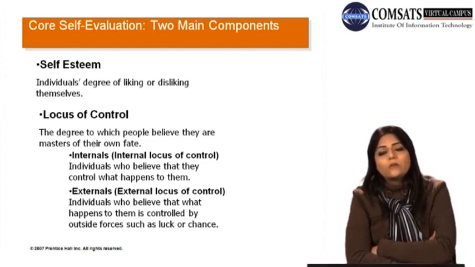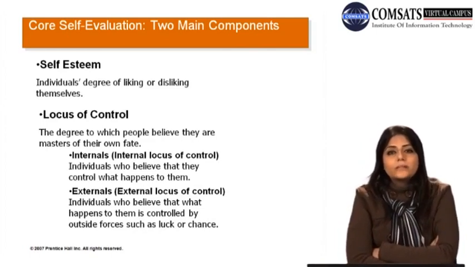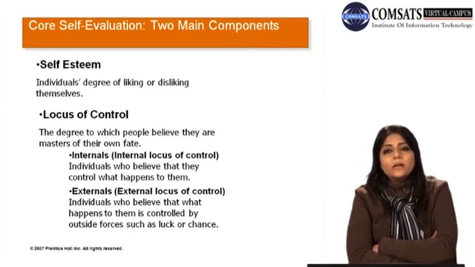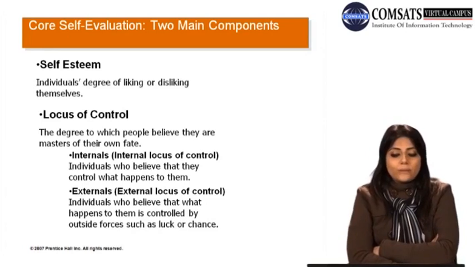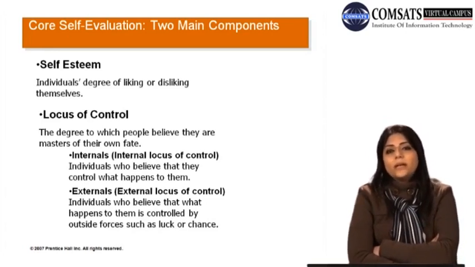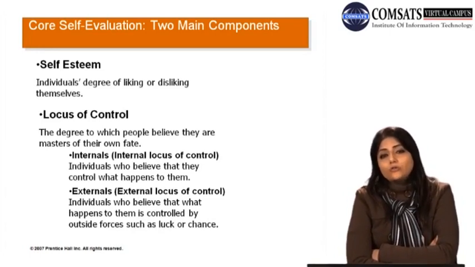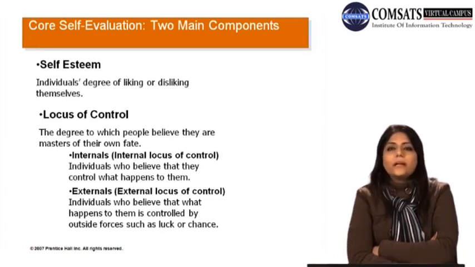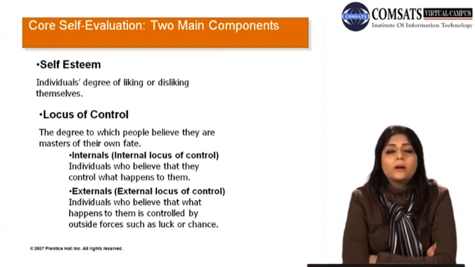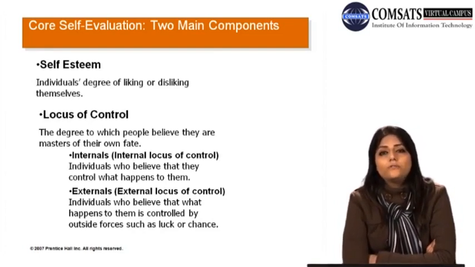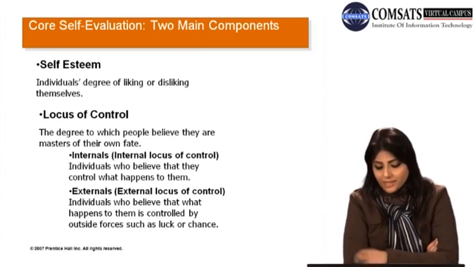The other outside factors, their job factors or situational factors, they have a higher degree of control over them. The externals believe the opposite. Externals believe that nothing is in their hand, it is in the hand of the outside environment, in the hand of their supervisors, in the hand of their co-workers, and not that they are in charge of their happiness and their well-being, etc.